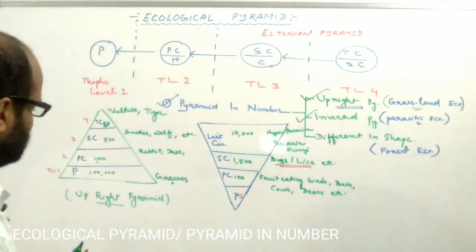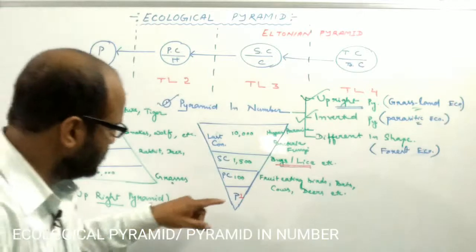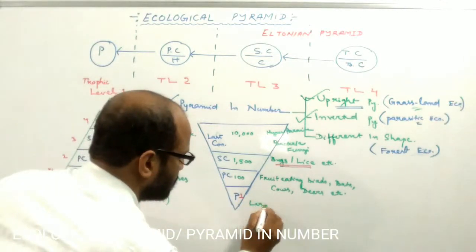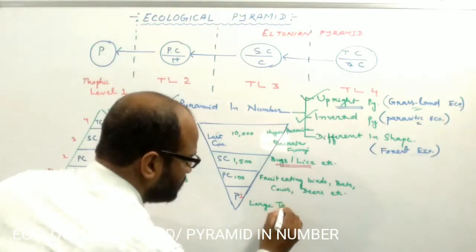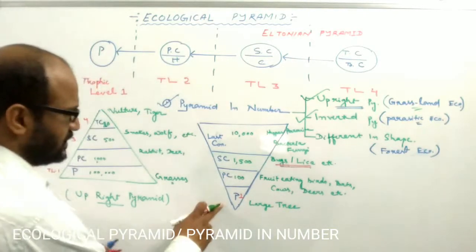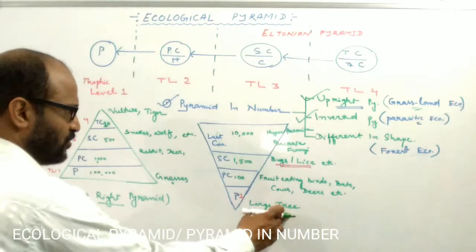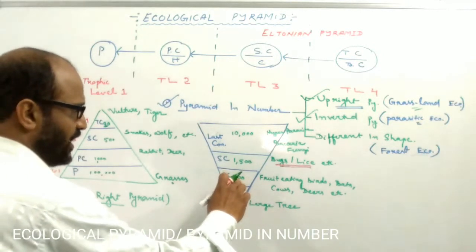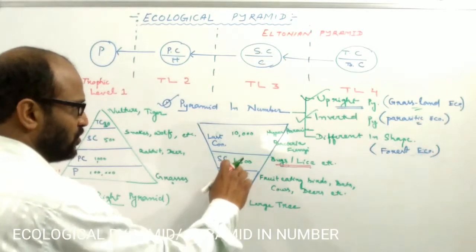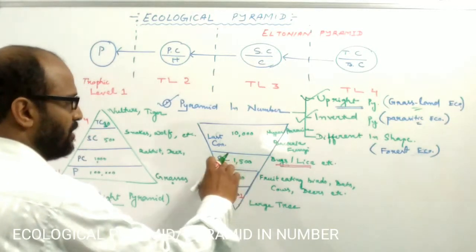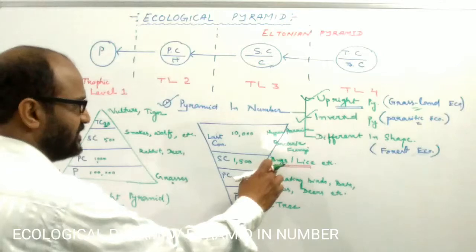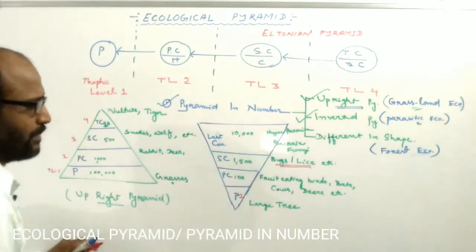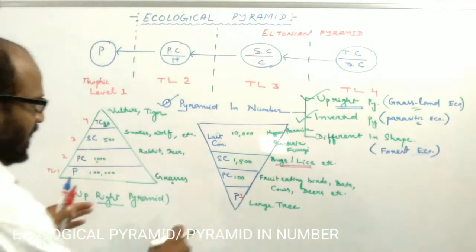So as you see, the large tree number is 1, but such a large tree supports 100 primary consumers. The 100 primary consumers support 1500 secondary parasites. These parasites support 10,000 hyperparasites.